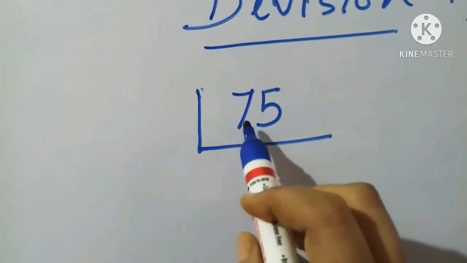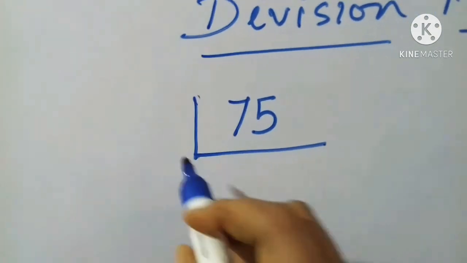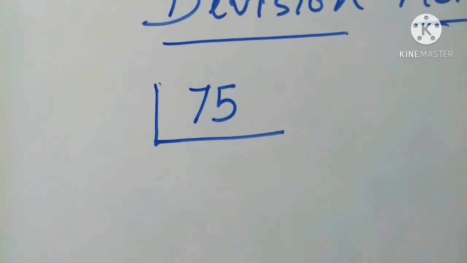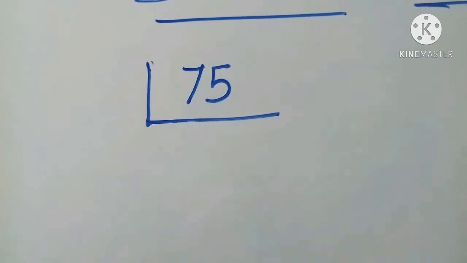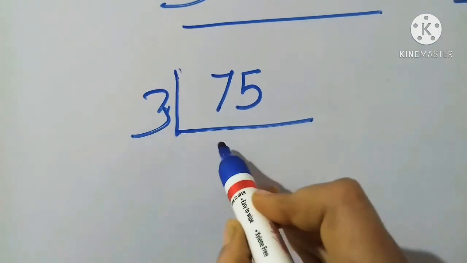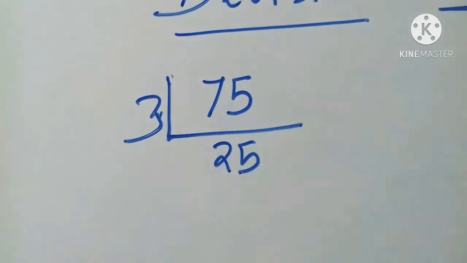Every number is divisible by 1, so I have to start with 2, but no, it is not divisible by 2. I will make a separate video on divisibility, how to check which numbers a number is divisible by. I have to write here 3, and yes, 3 25s are 75.